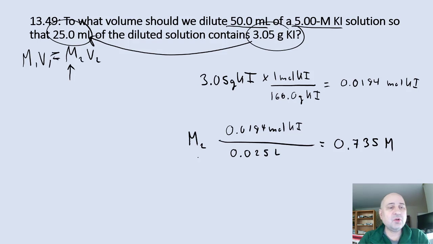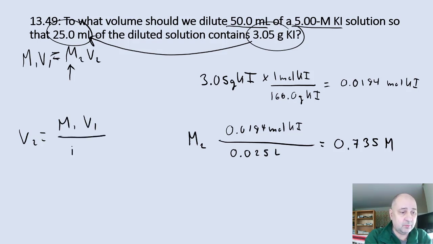Now we can take the dilution formula and solve for V2. So V2 is simply equal to M1V1 over M2, and we can keep this in milliliters.